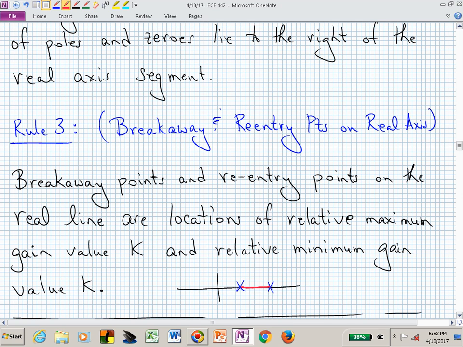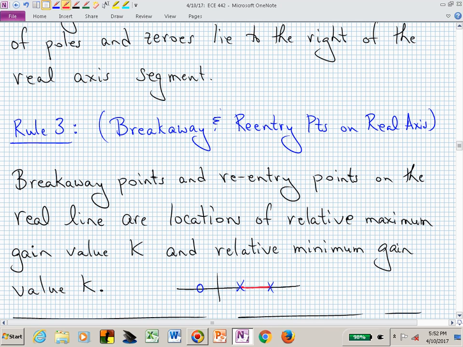If we now had an additional singularity, a zero, now we have this classical structure that I keep surfacing. We have two real poles to the right of one real zero. Do we have any more real axis segments? Yes, now I've introduced another one. Now we have four real axis segments.